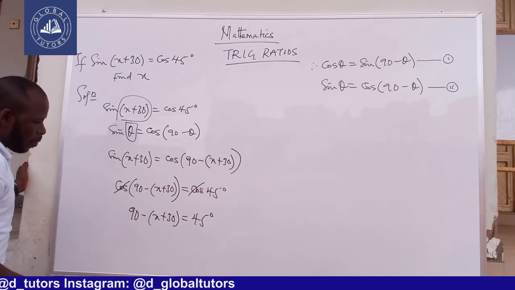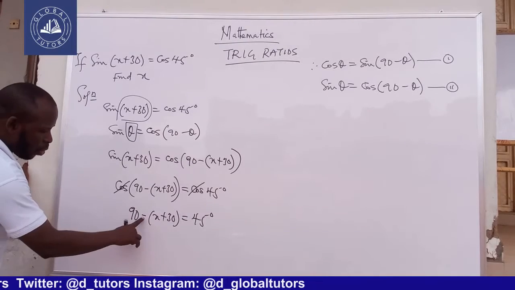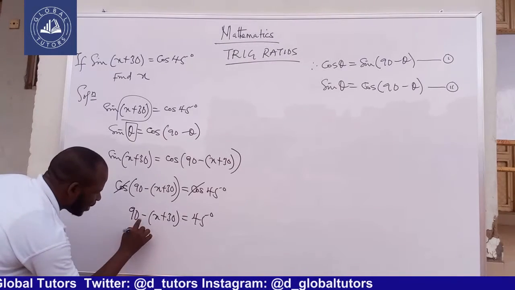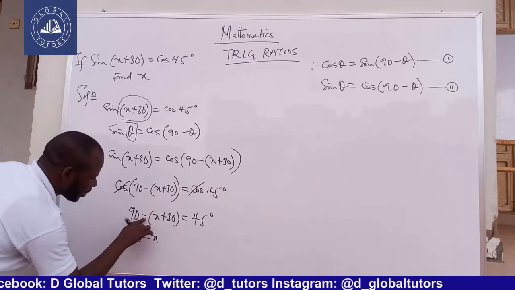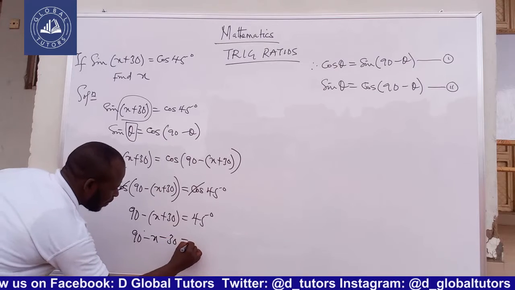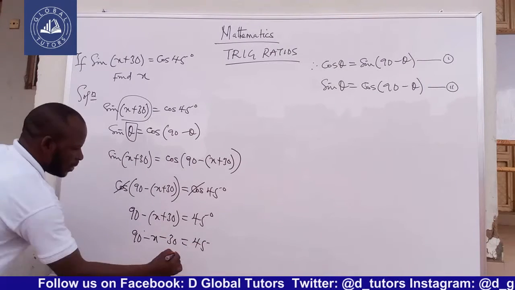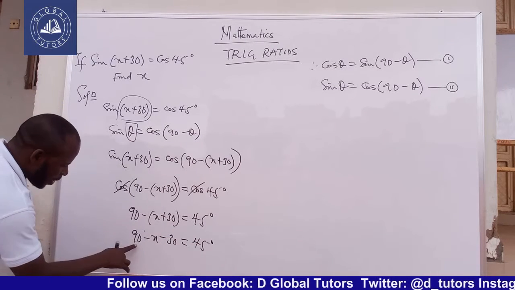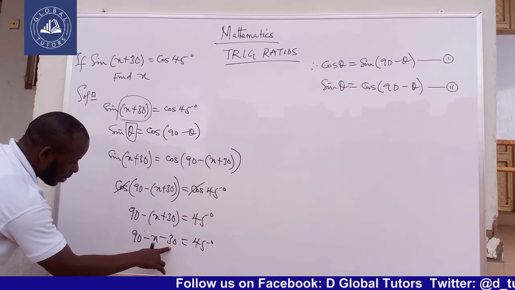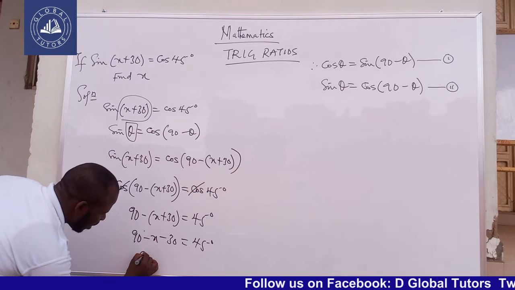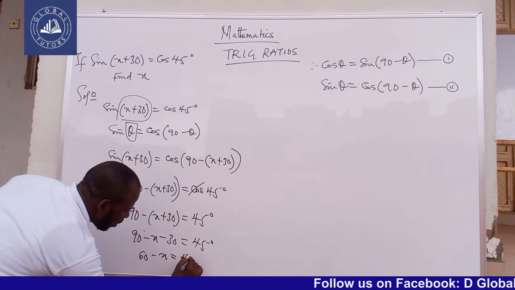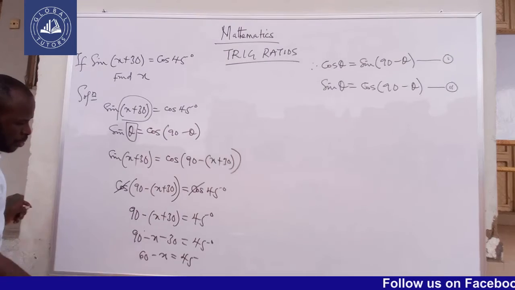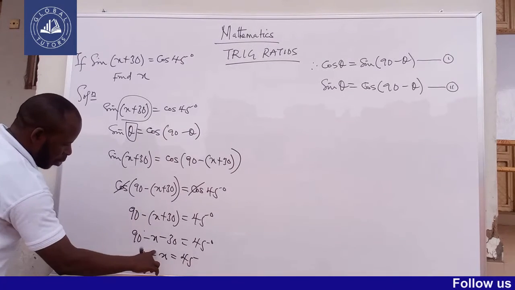So from here, what do we have? We just open the bracket, so you have 90 minus x minus 30 equals 45 degrees. 90 minus 30 will give me 60 minus x equals 45 degrees. So what do we do? Collect the like terms. Let this one come here and this one go here.